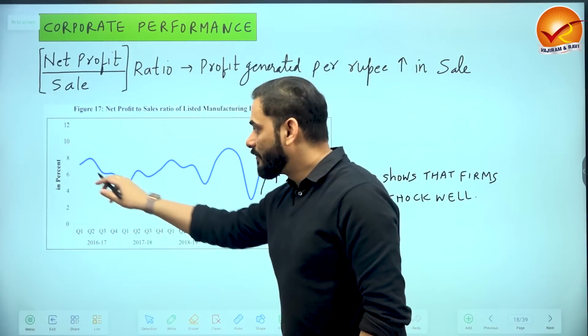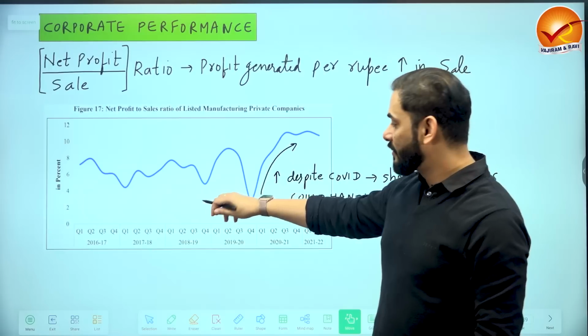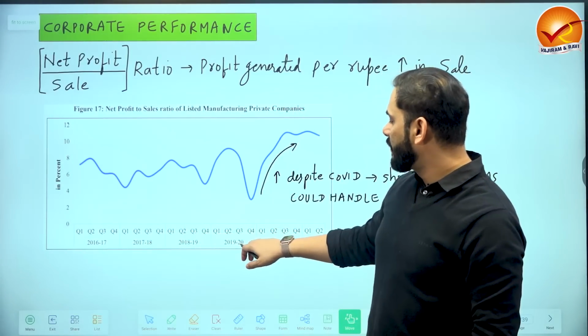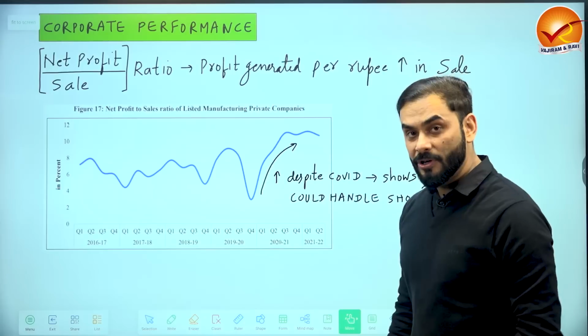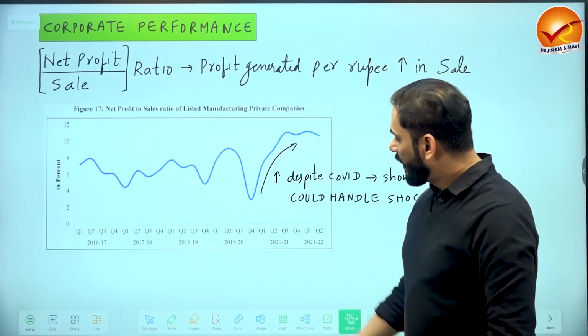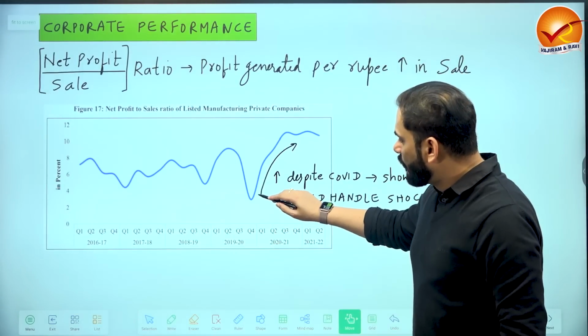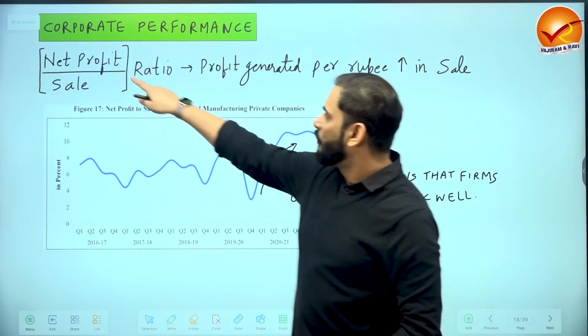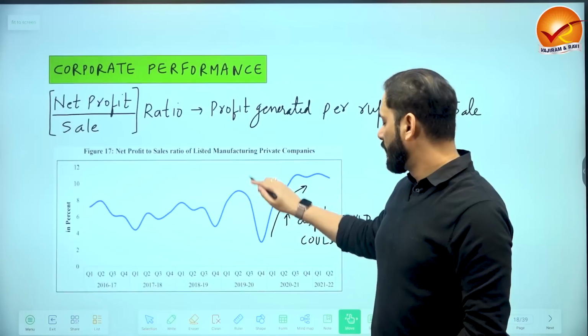So this I have taken from the economic survey. If you look at 2016-17, 17-18, 18-19, 19-20, 20-21 and 21-22, around the period of COVID, you will see that the ratio of profit to sale was down.